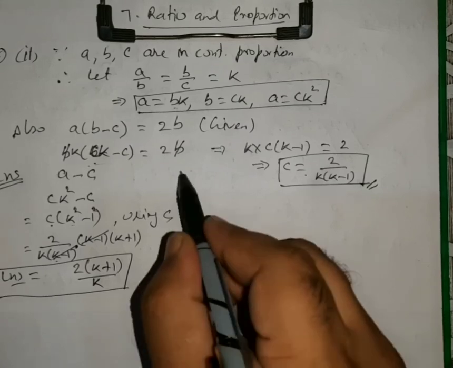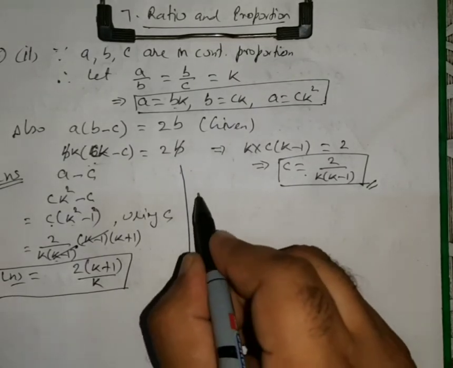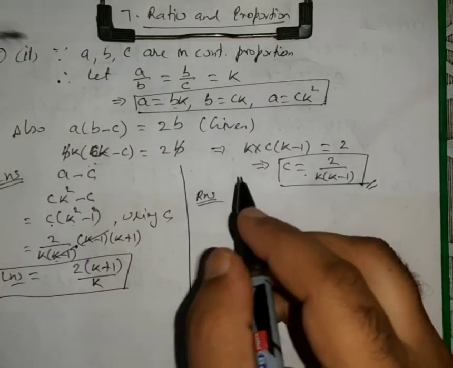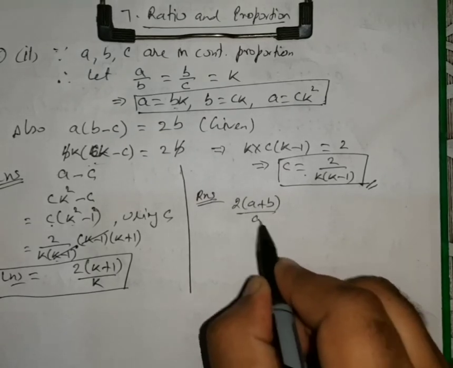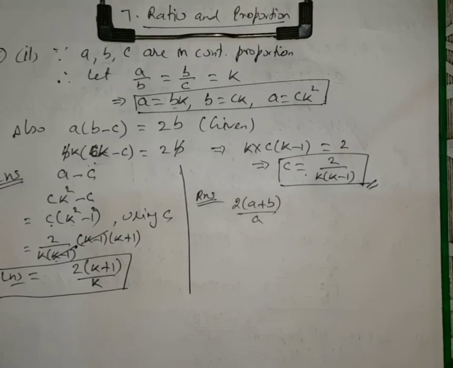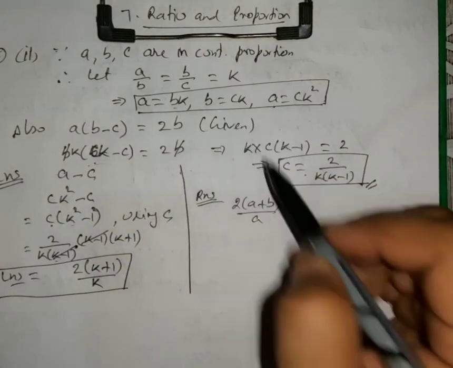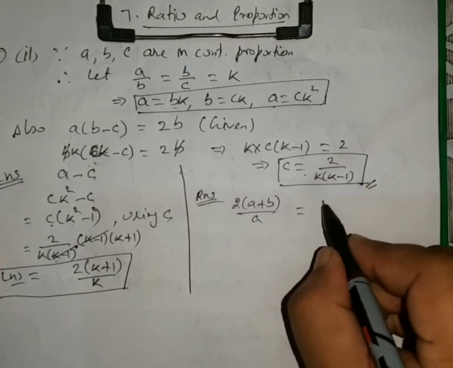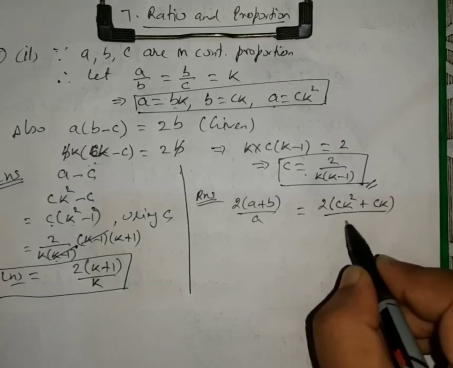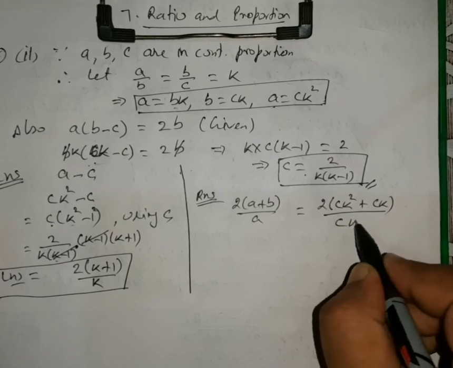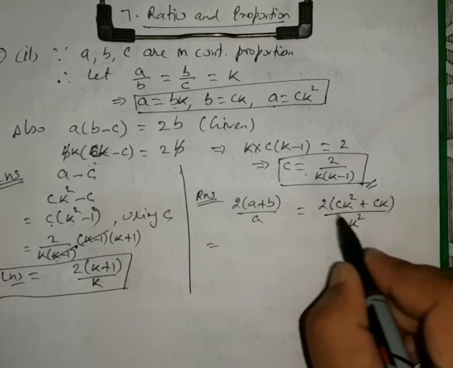Now we have to talk about the right hand side. Now I'm taking RHS. RHS is 2 multiply a plus b over a. So now I'm using these a and b values here. So this will be equal to 2 multiply ck square, and b is also ck, and a is ck square. So from this ck is common.